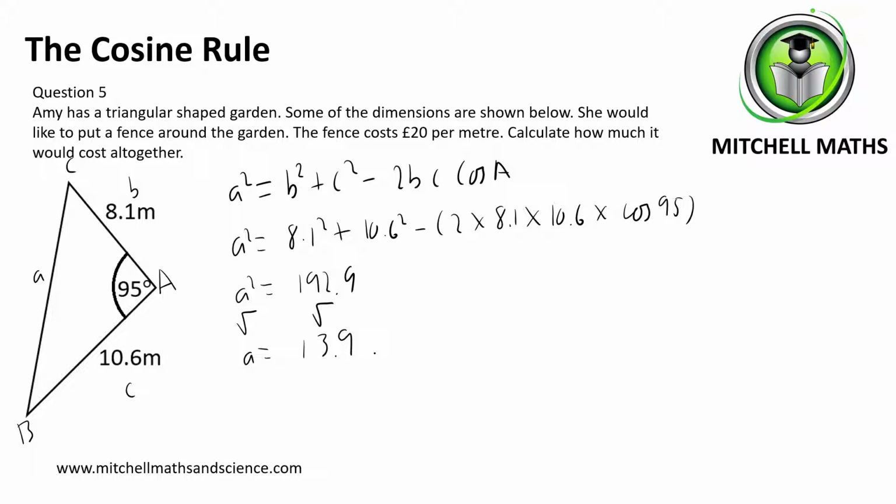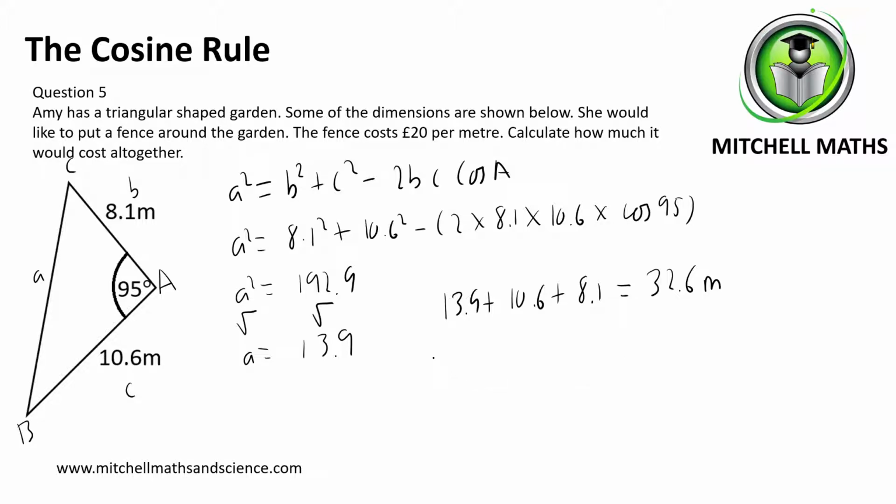So now I need to find the perimeter of the triangle, or the garden, and I'm going to do that by adding all the sides together. I've got 13.9 plus 10.6 plus 8.1, which altogether gives me a perimeter length of 32.6 metres.